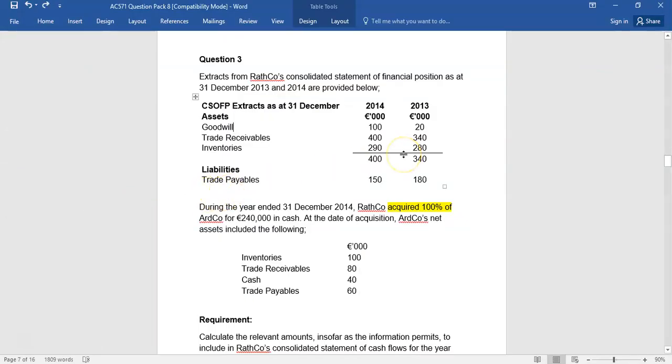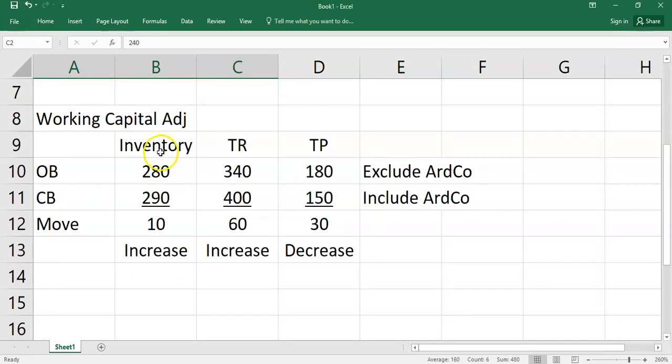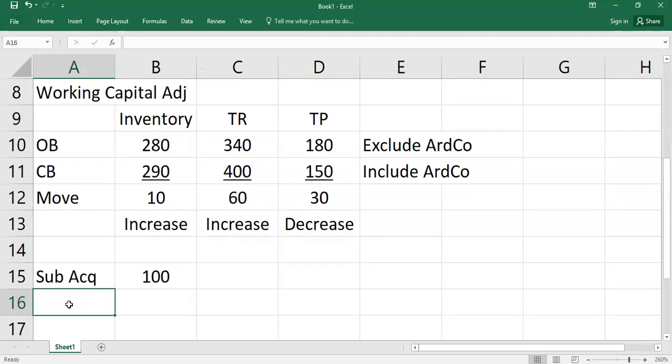So that means if we're looking for the true movement in trade receivables, the true movement in inventories and trade payables, you need to remove the impact of the acquisition subsidiary. So what you're saying here is inventory increased overall by 10 during the year, but the sub-acquisition actually attributed 100 to that.